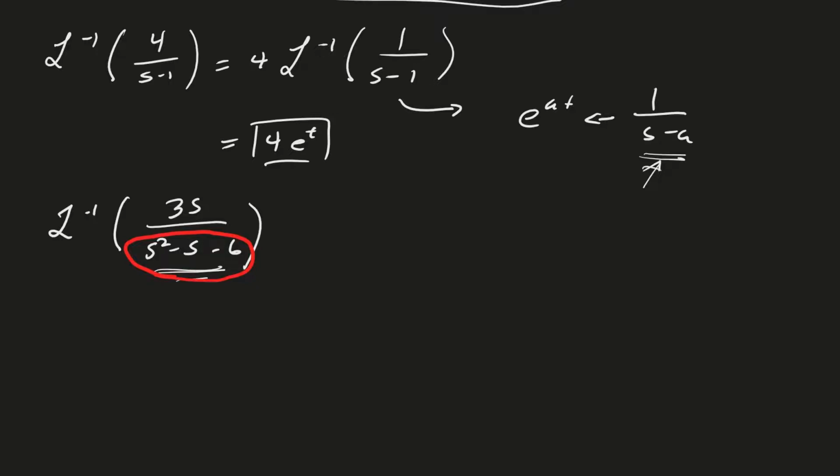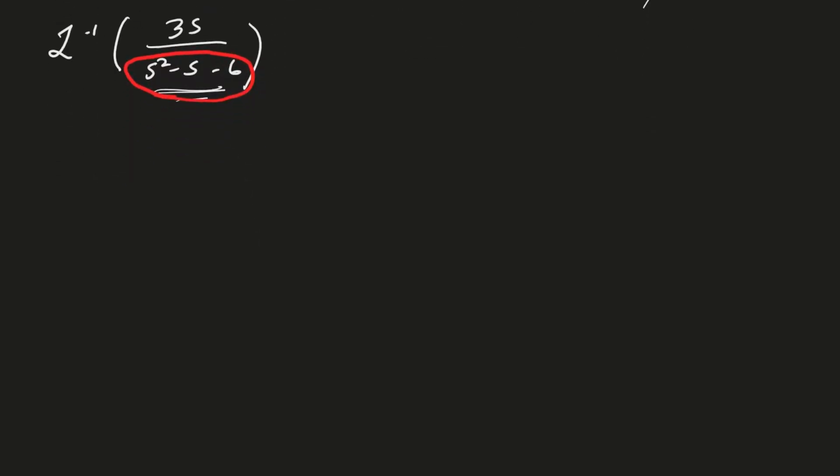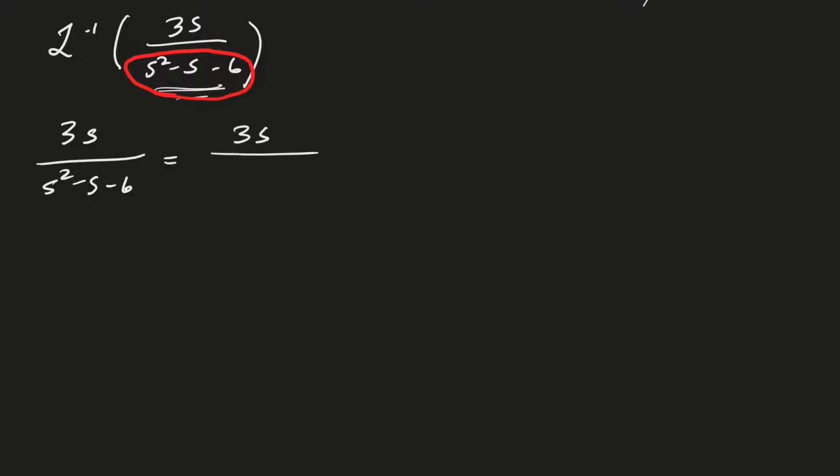So let's just work with this expression here. I'm going to pull it out of the inverse Laplace for a second, because we're just going to do some algebra first. We get 3s over s squared minus s minus 6 is equal to 3s divided by, and then we'll factor it, looks like s plus 2 times s minus 3.